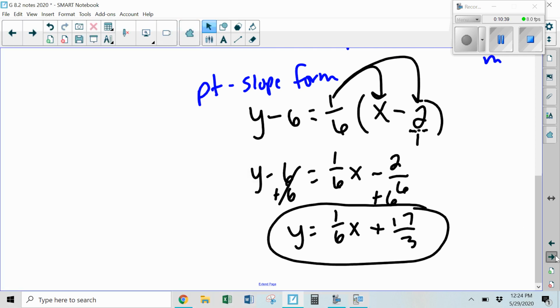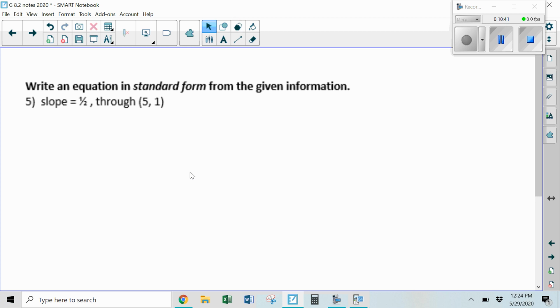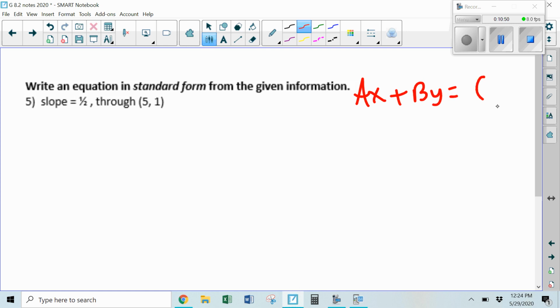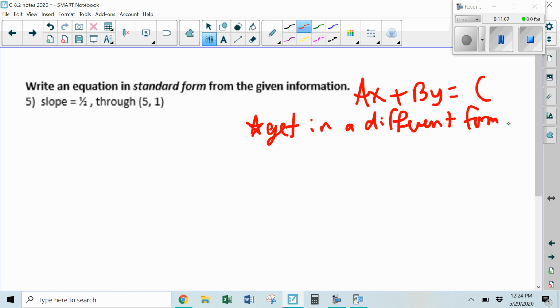Okay. Number 5, write an equation in standard form from the given information. Standard form is ax plus by equals c. Now, none of these are a, b, and c, so don't think about just plugging them in. You're going to do the steps that we did last time. Get in a different form first.